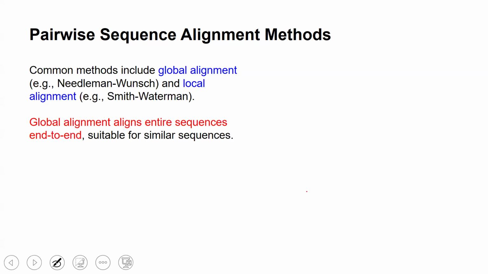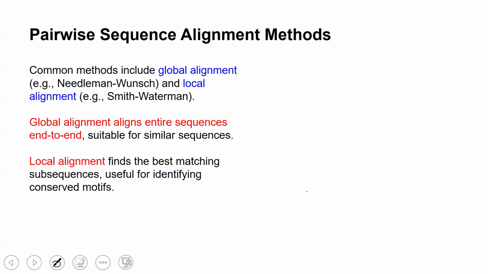Global sequence alignment aligns the entire sequence end to end, suitable for similar sequences. So in the case of global alignment, you get two sequences and you align them end to end. And for local alignment, you find the best matching sequences, which is useful for identifying conserved motifs. So we use local alignment for identifying conserved motifs and it's not end to end.